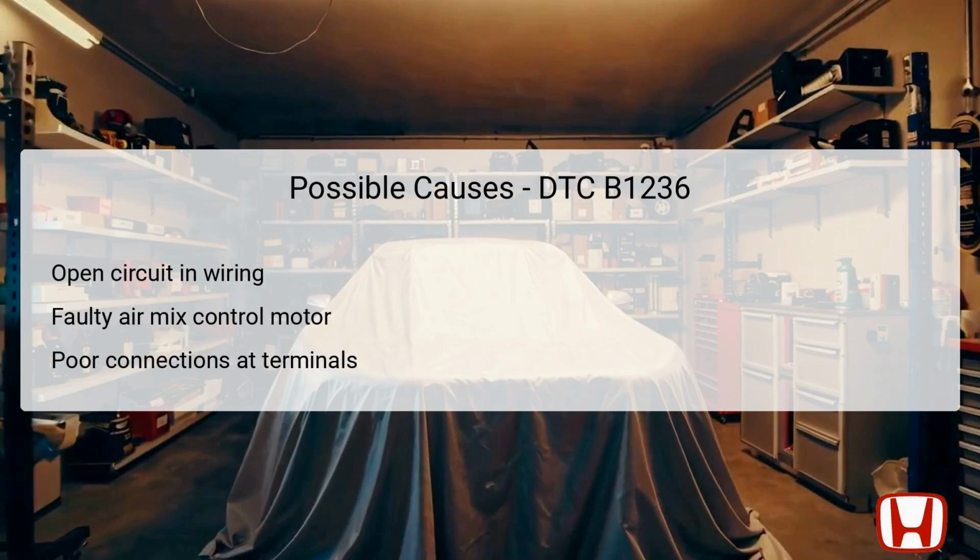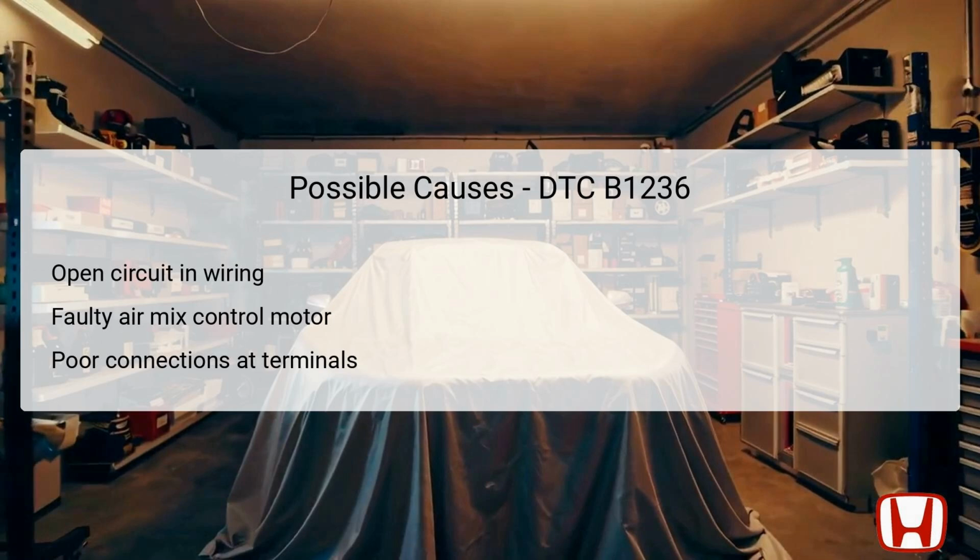Several possible causes for the DTC B1236 include an open circuit in the wiring that connects to the passenger's air mix control motor. This could indicate broken or damaged wiring that disrupts the electrical flow necessary for operation. Additionally, the fault may stem from a defective air mix control motor itself, which would require testing and possibly replacement.